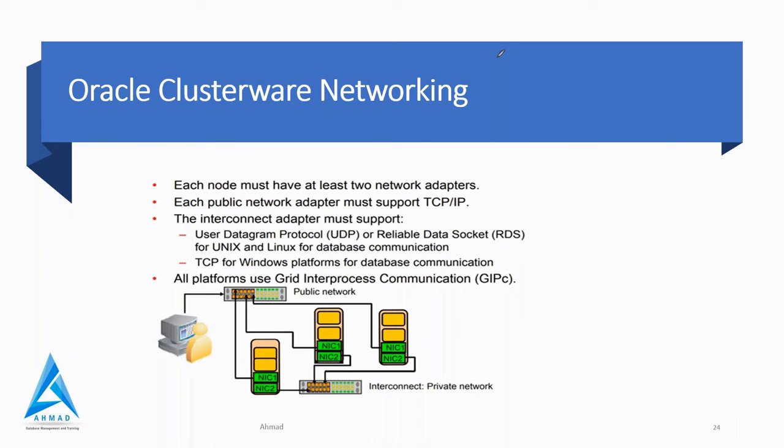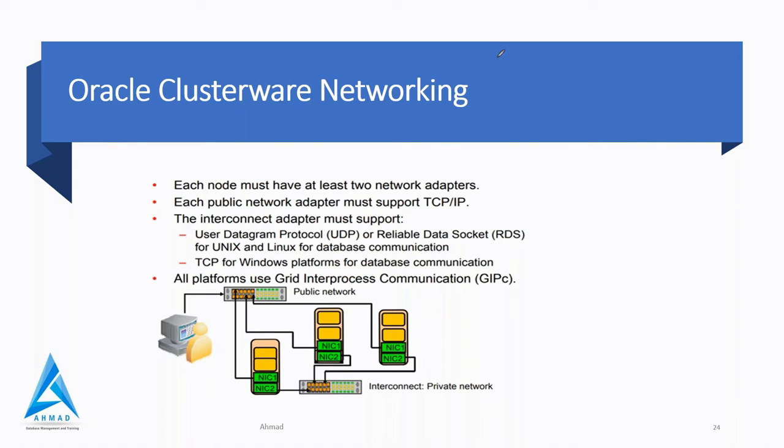Use a high speed network adapter for the interconnect, and switches that support TCP/IP, gigabit Ethernet, or equivalent, whatever is recommended. If you have multiple available network interfaces, Oracle recommends that you use the redundant interconnect usage feature to use multiple interfaces for the private network.